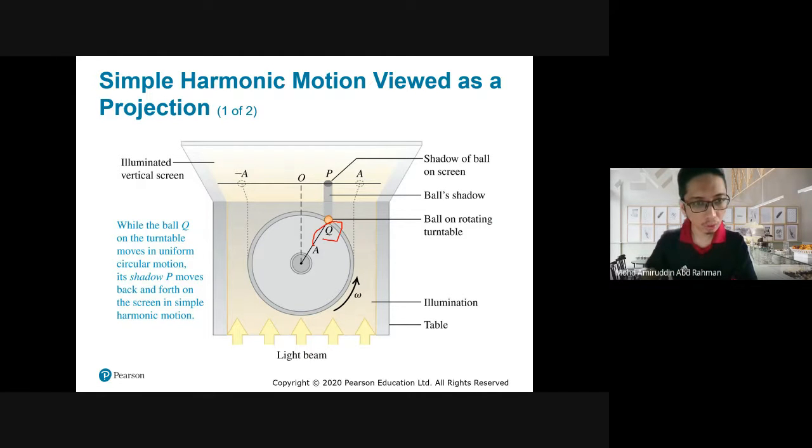It will move from there to there and then back, going back and forth from one location to another.